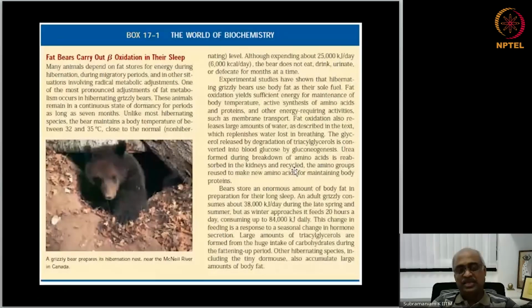So what I'm trying to say in this elaborate story is that solely using triacylglycerol and efficiently recycling nitrogen, it is able to have the entire metabolism of the body going normally. They lose a lot of weight by the time spring comes and the cycle goes on. So this is an interesting story about beta oxidation.